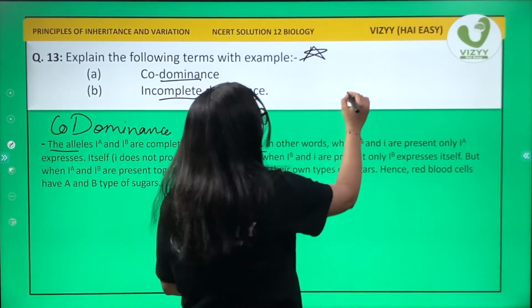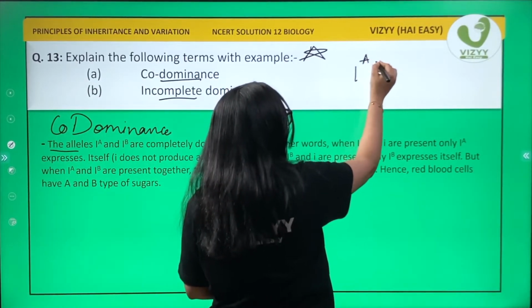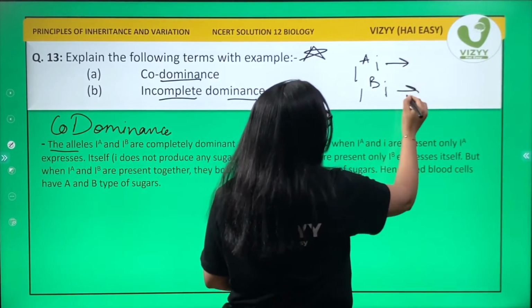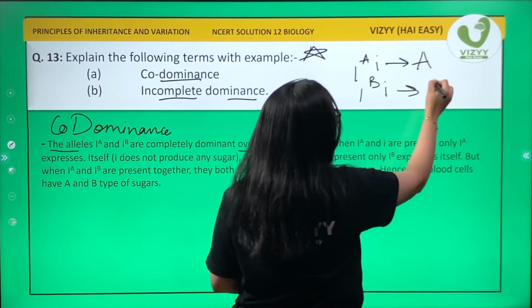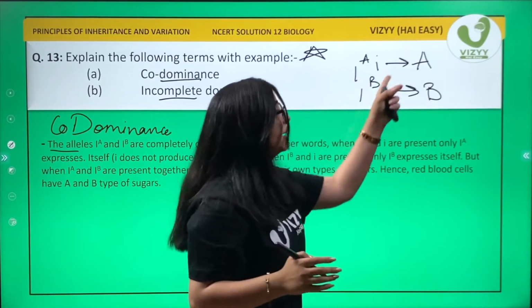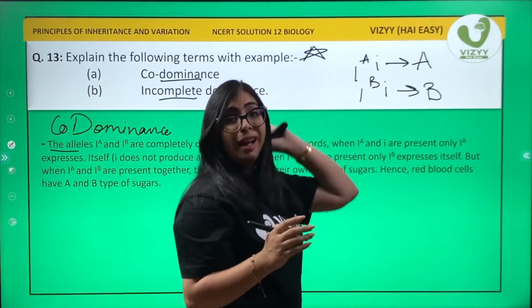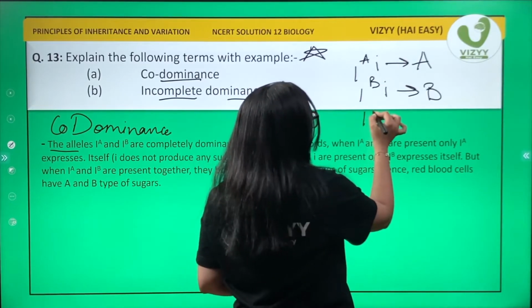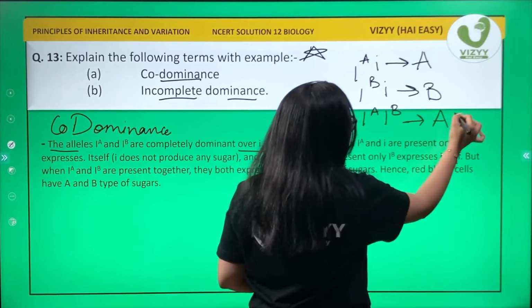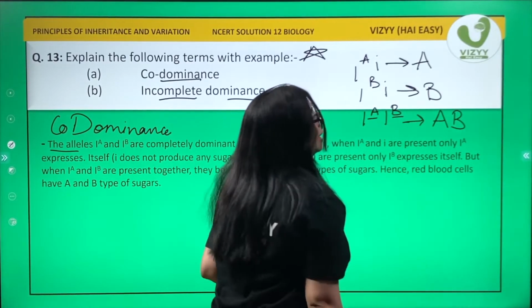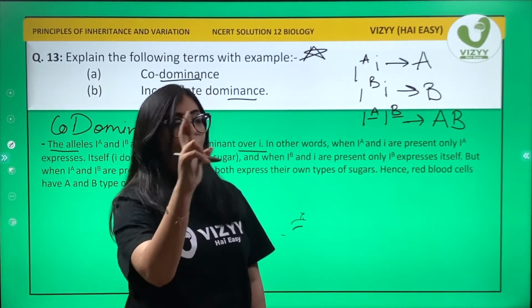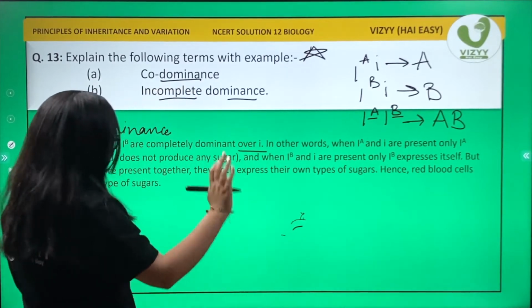So if there is IAi and IBi, the phenotype shown would be only A and only B. That means IA and IB are completely dominant over i. But when the genotype is IAIB, both of them would be expressed. Both these sugars would be expressed, and thus this is known as co-dominance. That is what is written.